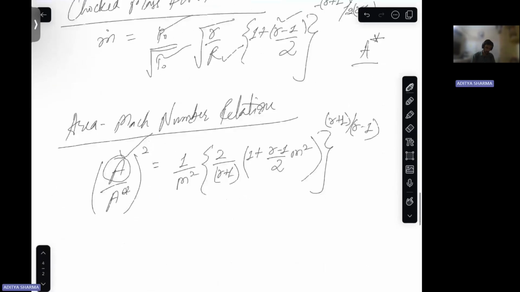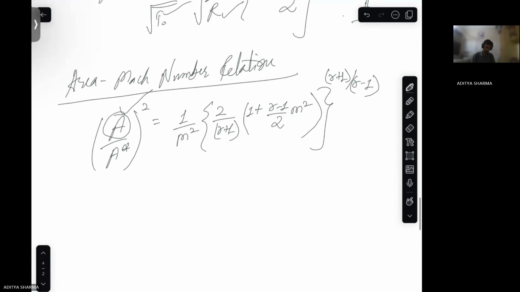Now if you see this equation, this is your Mach number that is to be predicted at area A. Gamma is the ratio of specific heats, so this way we can work this out.